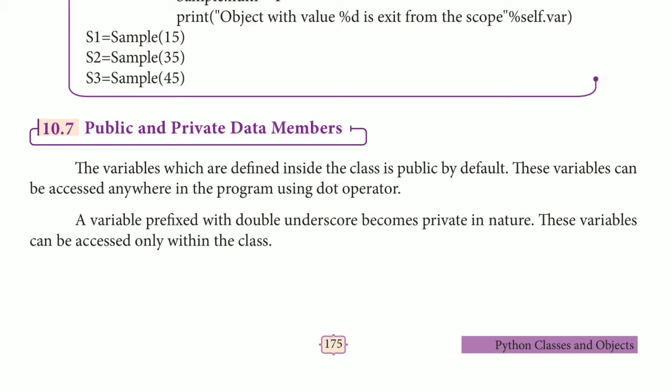So when you create a variable with a double underscore before it, it makes it a private variable, and these variables can be accessed only within the class. You cannot access the private variable outside the class, even if you have the object of that class.